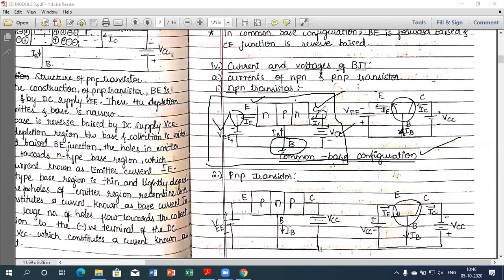Under such a condition, BJT is a current controlled device. I hope you guys remember this about BJT. It means that the total operation in the NPN or the PNP is controlled by the current. As the input current changes, the output current also changes.